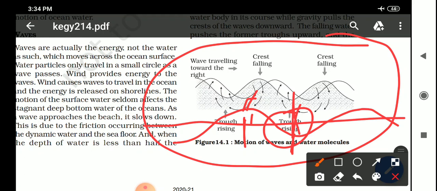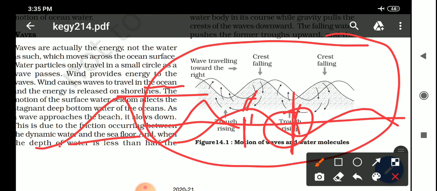The distance between two crests or two troughs, this is the difference, and this is the difference, is what you can consider as the wavelength. So this is called wavelength. I'll send you another picture also, where you can see clearly which portion is called what.